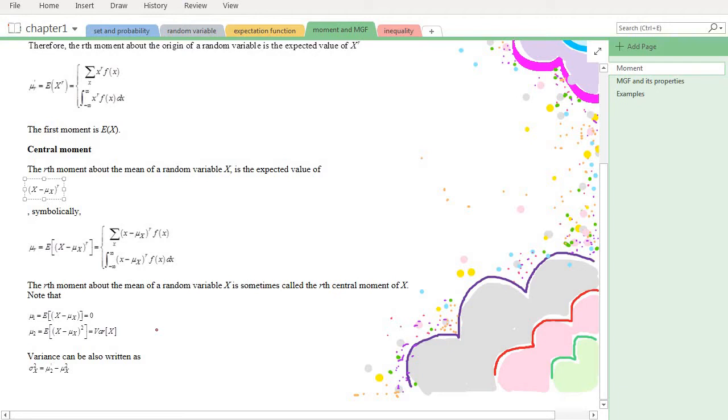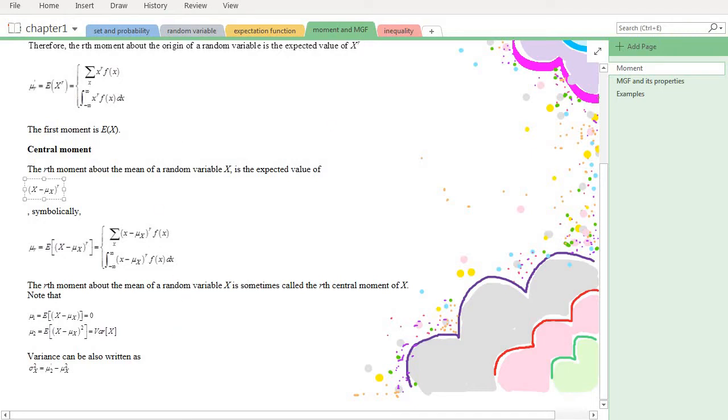And the variance can also be written in moment form, which is the second moment, E of x squared, minus the first moment power 2, or minus E of x, squared. So this is just a different format of writing, but the formula is always the same.